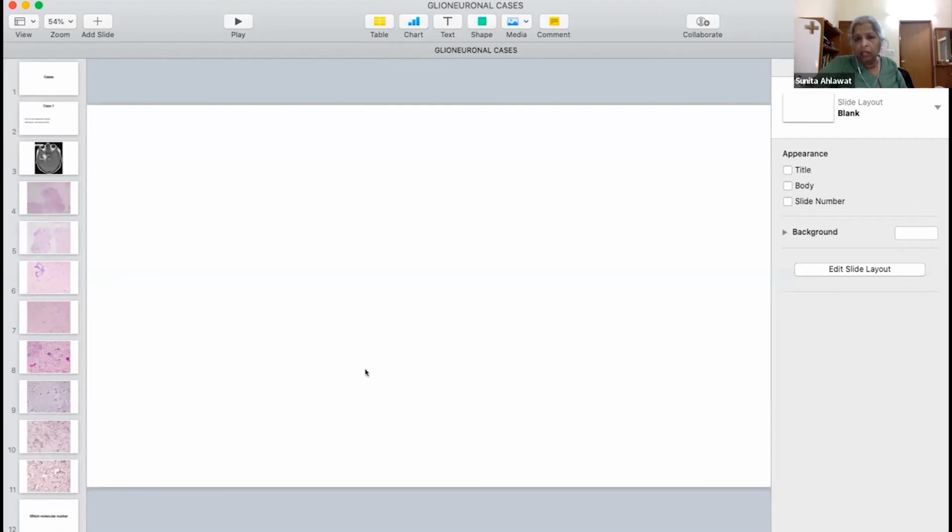So yes, we have seen almost all types, but the gangliogliomas are quite common, and the neurocytomas are quite common. When we did not have IDH, at that time they were very often mistaken for oligo.